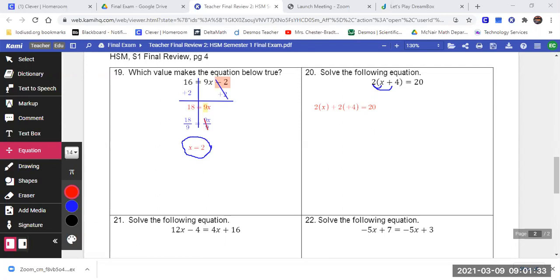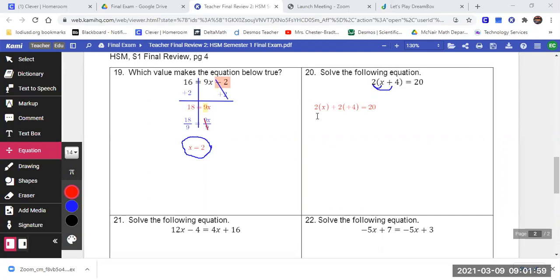What's a 2 times the x? 2x, okay. And then I have a +2 times a +4. Which is a what kind of 8? +8. Exactly.